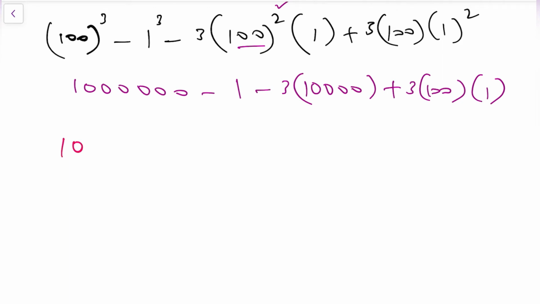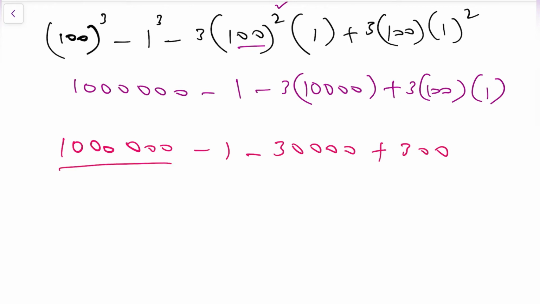First term as it is, 1 with 6 zeros, minus 1, minus 3 into 10,000, 30,000, plus 3 into 100, 300. Now, this is 10 lakhs plus 300, minus 1, minus 30,000.